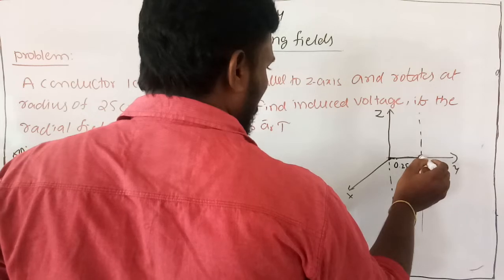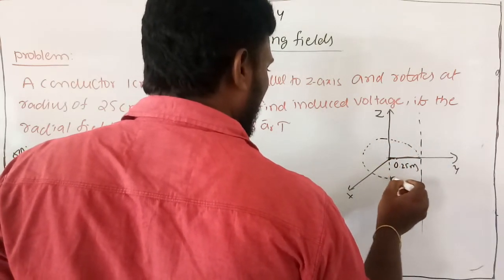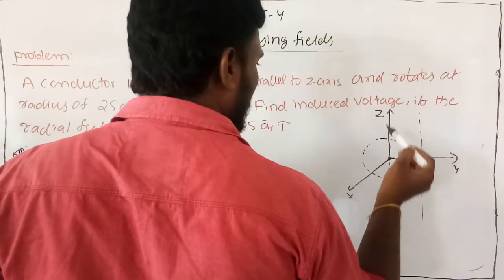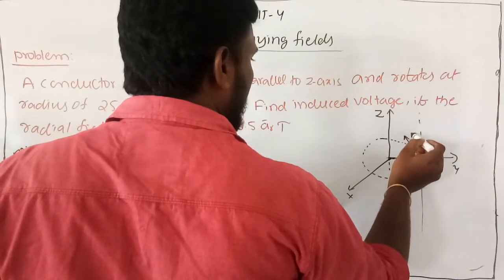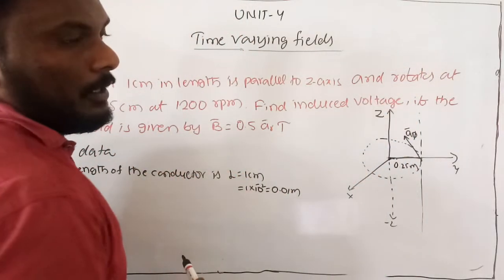Now I am drawing the path of the motion of the conductor. It is moving in the phi direction, so it is represented by a_phi.